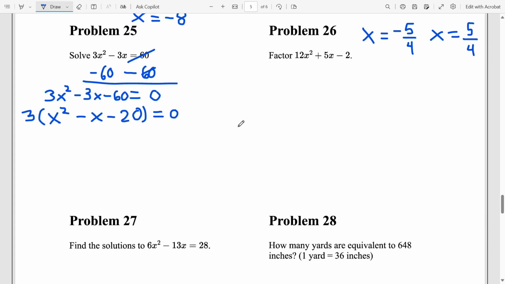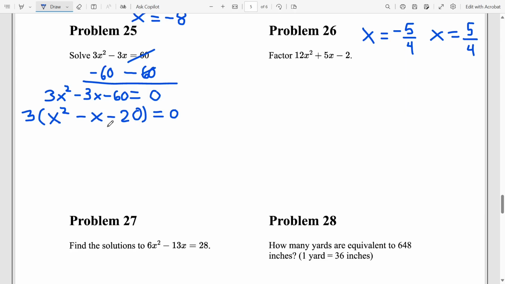Okay, so we want to keep factoring. We want to factor the x squared minus x minus 20. We're going to have to do a positive and a negative factor to multiply to a negative number and add to a negative number. And the negative factor is going to have to be one unit further away from 0 on the number line.